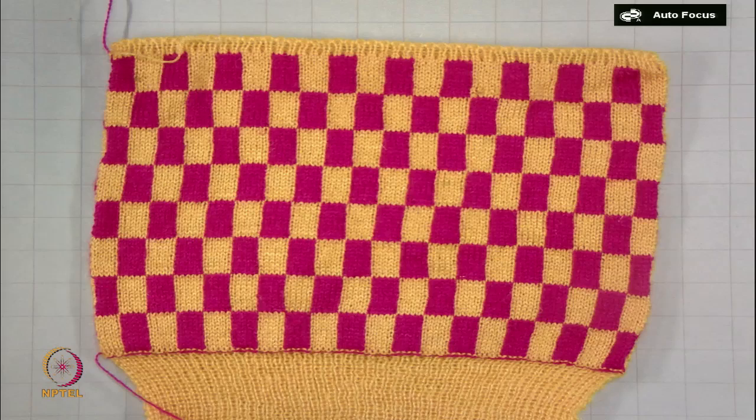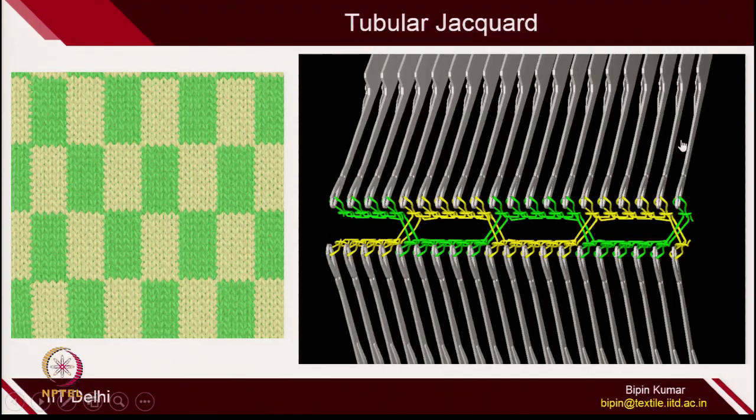So, let us move to the first type of Jacquard, which is called tubular Jacquard. In tubular Jacquard, if you see the fabric, two yarns are being used, green yarn and yellow yarn. This looks like white, but I am calling it a yellow yarn.